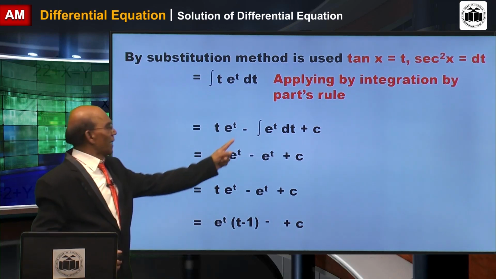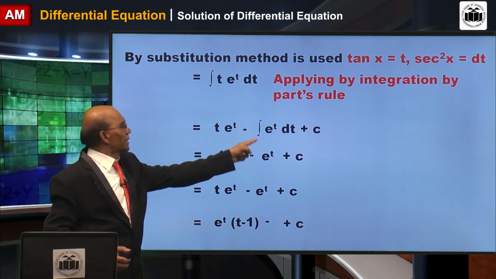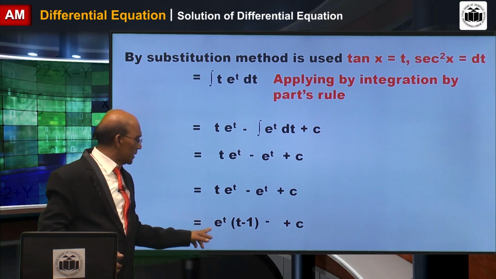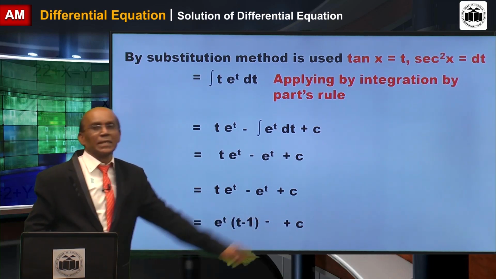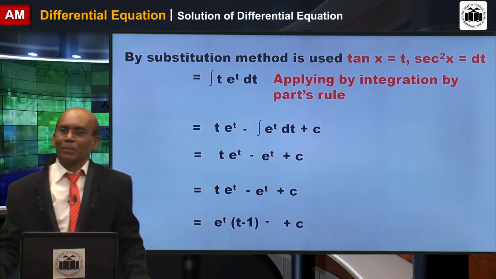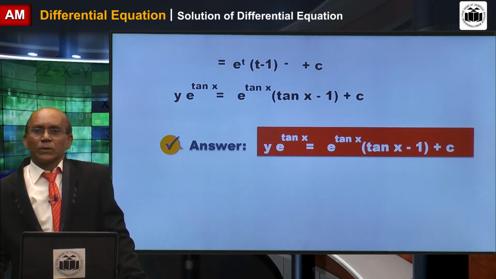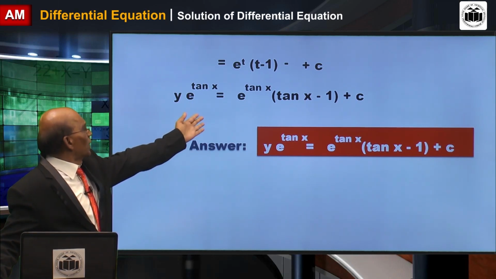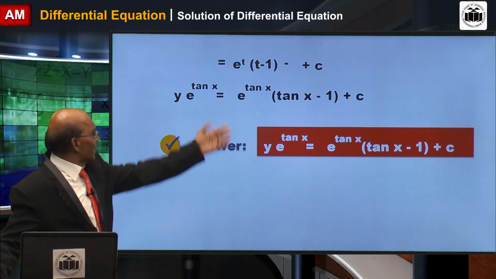That equals t e raised to t minus e raised to t plus c, and we can take e raised to t common: e raised to t into (t minus 1) plus c.